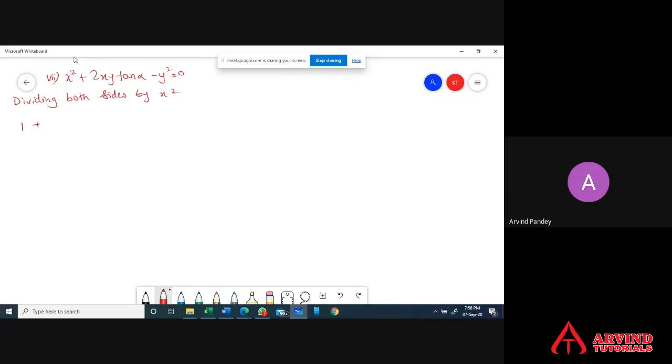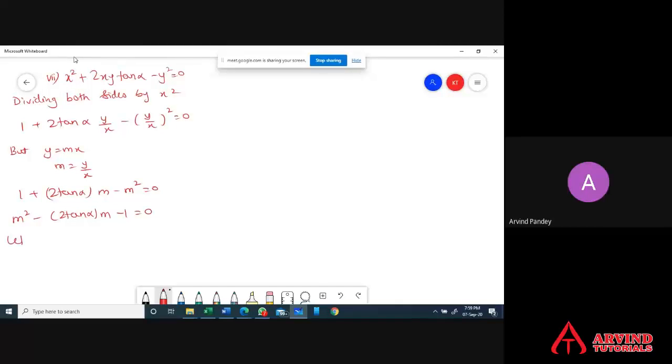So it will be 1 plus 2 tan alpha y by x minus y by x the whole square equal to 0. But y is mx, so m would be y by x. This is 1 plus 2 tan alpha into m minus m square equal to 0. I'll multiply throughout by minus 1. So this is your m square minus 2 tan alpha m minus 1 equal to 0.